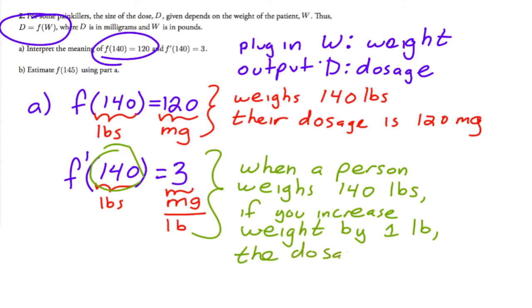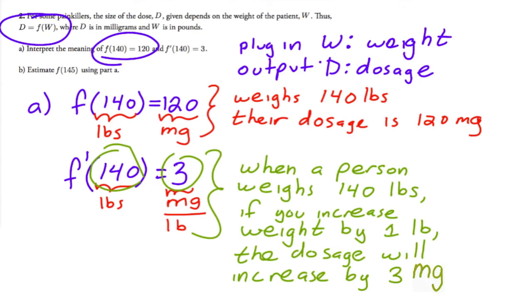The dosage will increase by that much. It will increase by 3 milligrams. And this is approximate because, again, this is the instantaneous rate of change. So exactly at that point, this is how fast the dosage is increasing per pound.